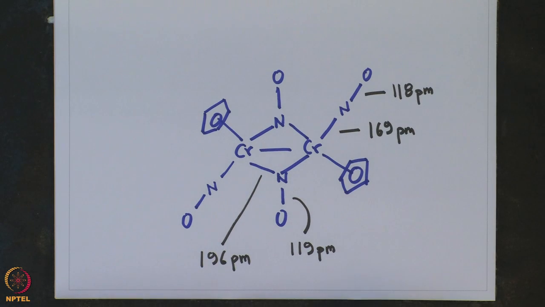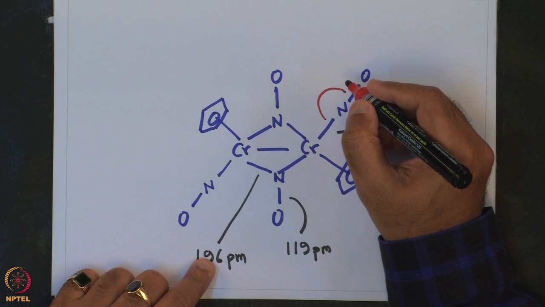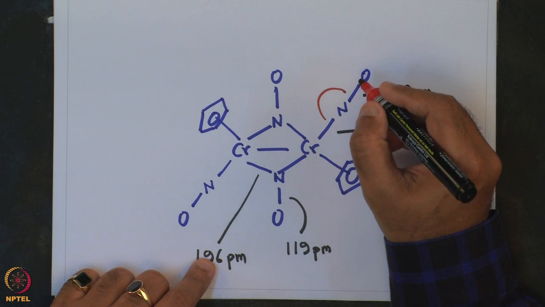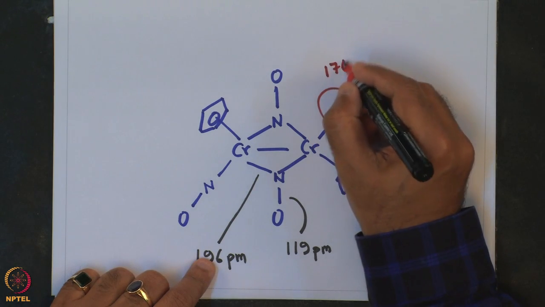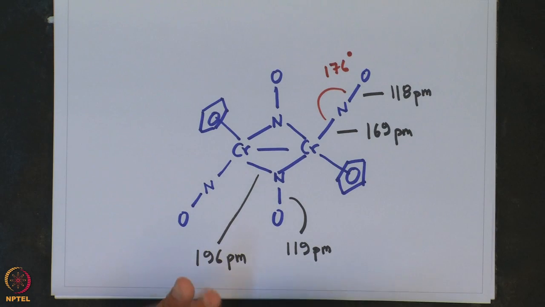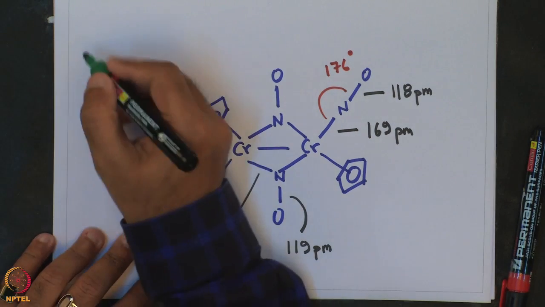Whereas the angle at the linear one is quite close to 180 degrees, which is about 176 degrees. So, this molecule has several NO stretches.